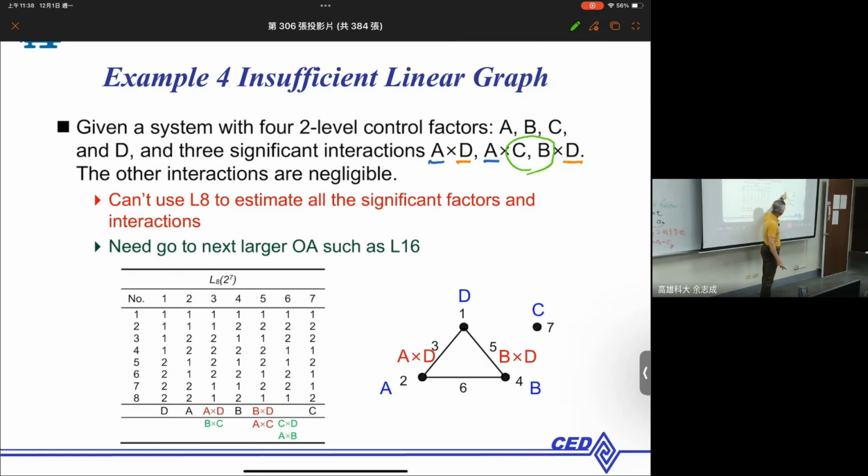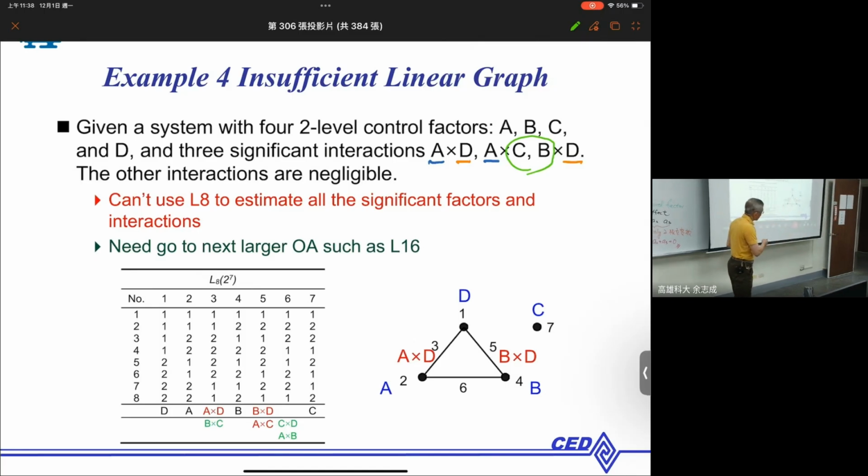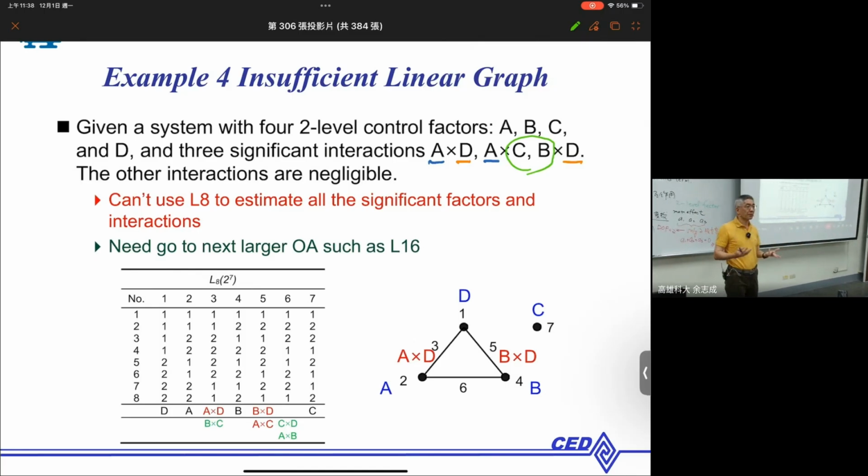One is used by D, the other one is used by D. Even though this line is good, you have to assign C into column 4 in such a way that AC can be estimated in column 6. But you can see that column 4 is already occupied, right? So you cannot assign C here.